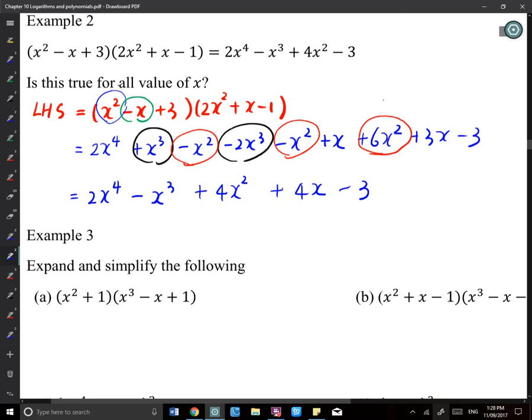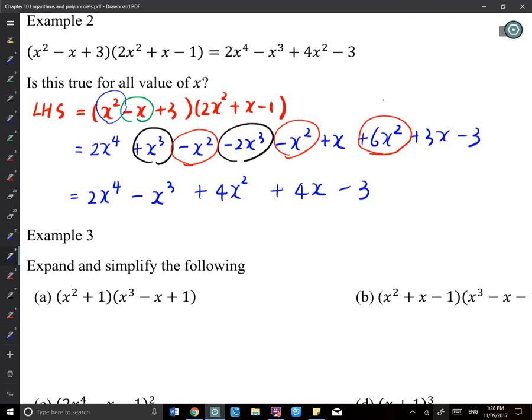You have to look at this one. Is that the same compared to the right hand side? That's the expanded form. Is that exactly the same as right hand side? What has been missing? There's no 4x on right hand side.